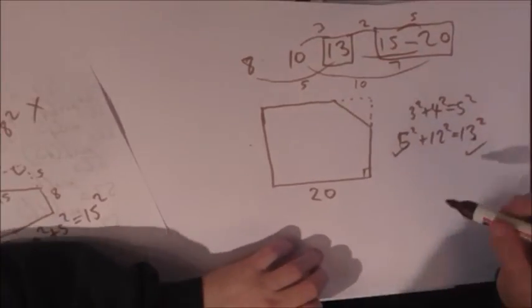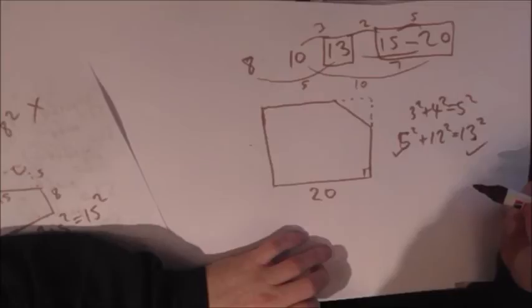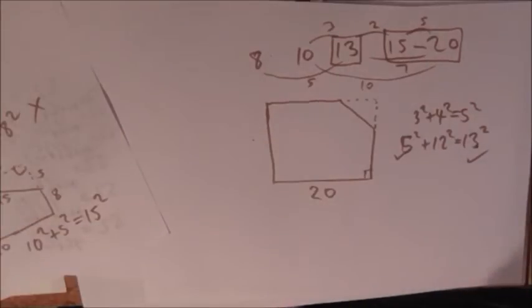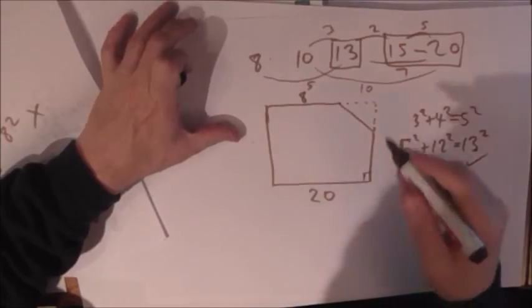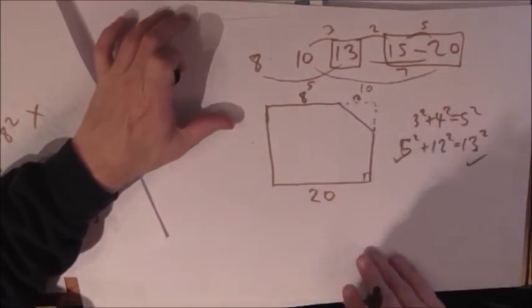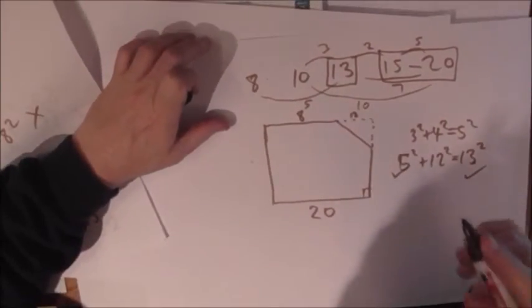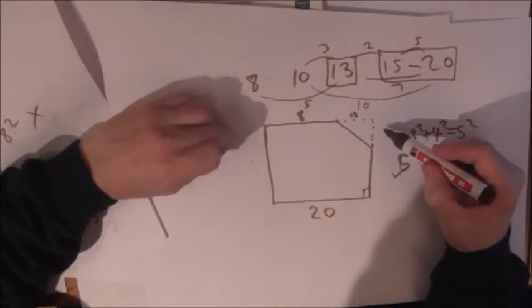Okay, here's another possibility. Nope. Okay, so if you had an 8 there and a 20 there, that would be a 12. Just hoping I can get a 5 there somehow.